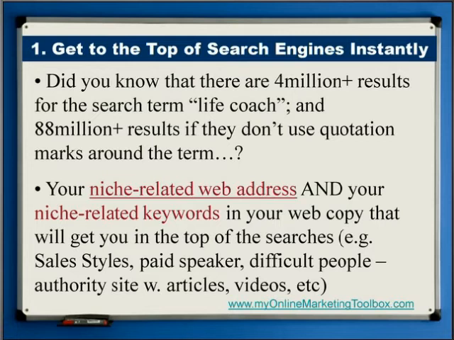So instead of getting a .org or .net or whatever, just add a word to it. For example, bestrelationshipcoach.com. Okay, that sounds a little fancy. Relationship coach, yourrelationshipcoach.com. There you go, yourrelationshipcoach.com.